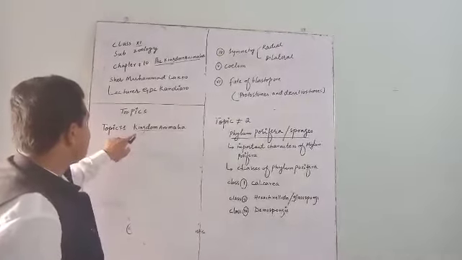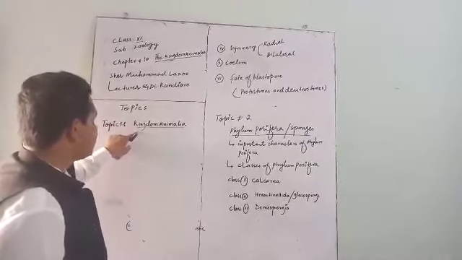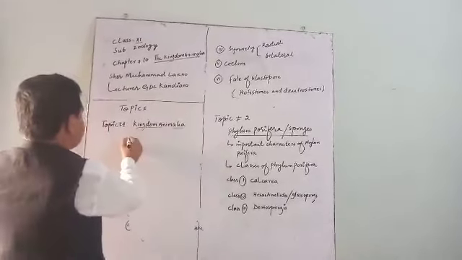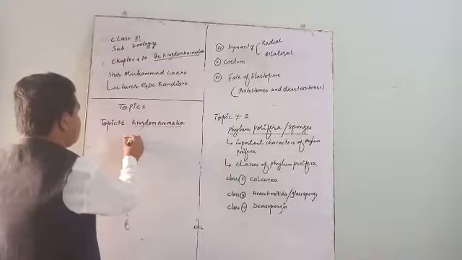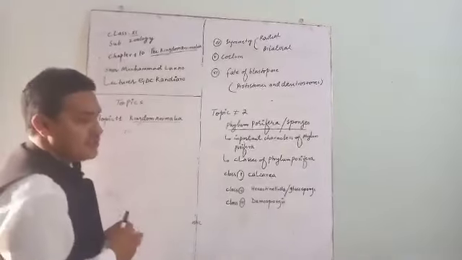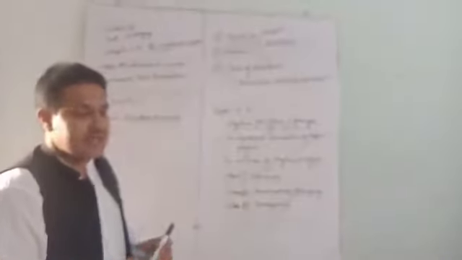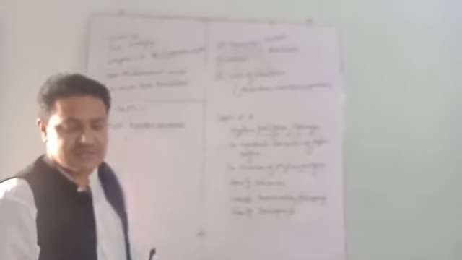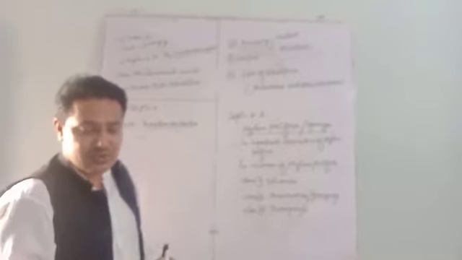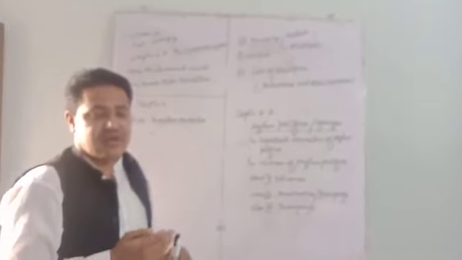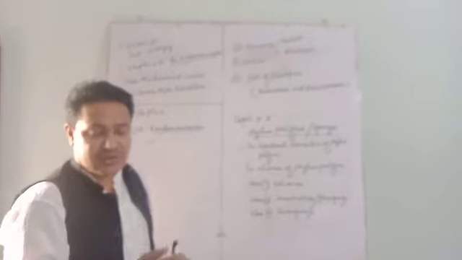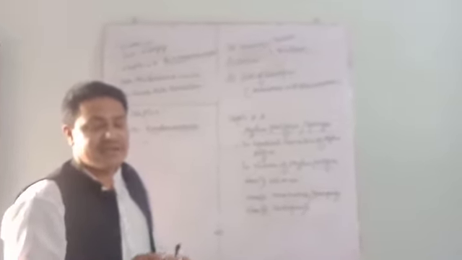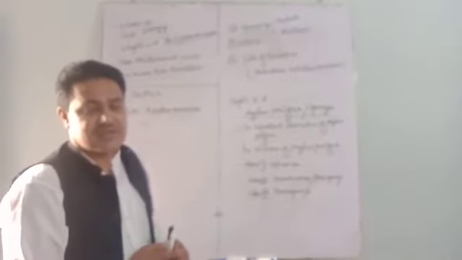So now we are starting kingdom Animalia. In this kingdom, those organisms are included that are heterotrophic. They have no chlorophyll. They have no cell wall, and they are ingestive heterotrophs.